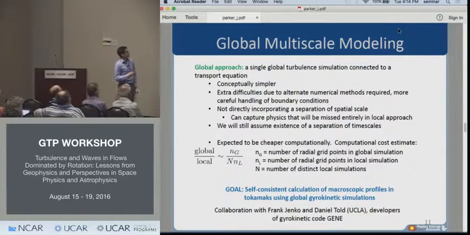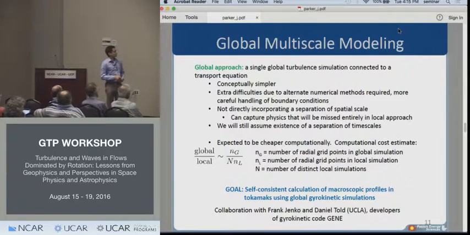Because we're not going to use a local approach, we're not directly incorporating the spatial scale separation, so the global approach can capture physics that would be missed entirely in the local approach. But we'll still be assuming the existence of the timescale separation. And the global approach may even be cheaper than the local approach.